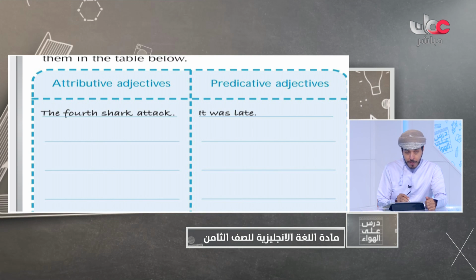Good. And we have an example here. We have said already that attributive adjectives come before the noun. For example, the fourth shark attack. The fourth here is the adjective. It comes before the noun.